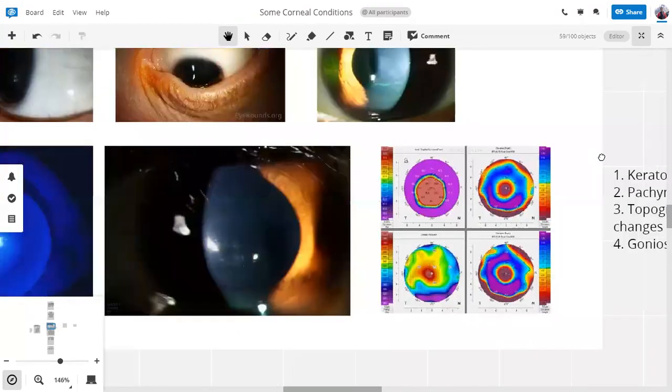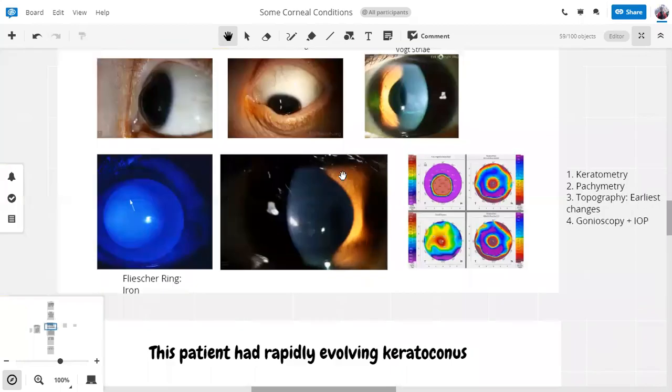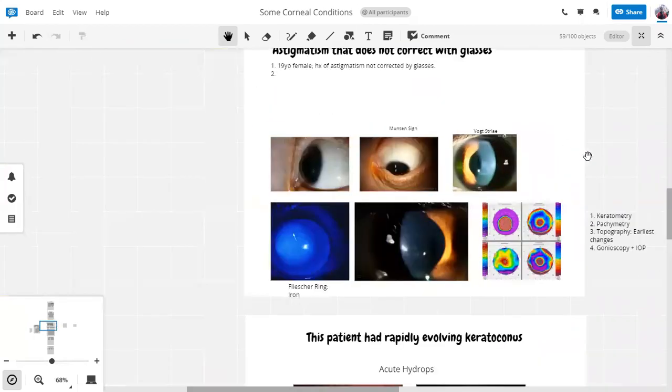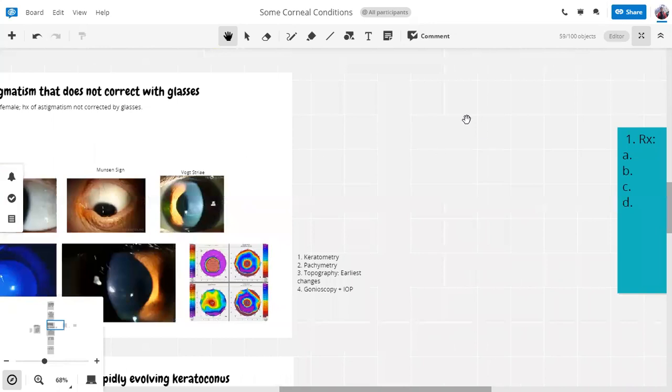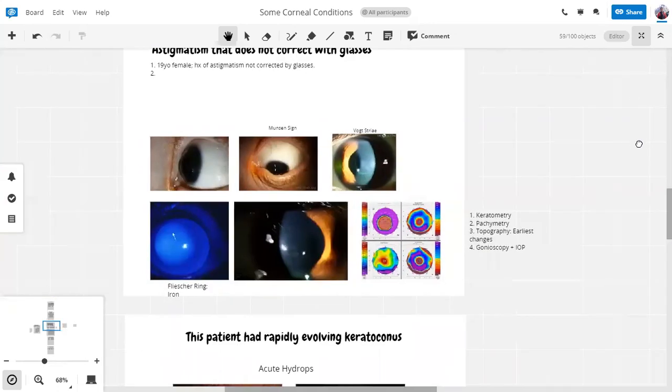How will you treat this patient? What is the Rx? Somehow we have to reduce the curvature. So somehow reduce the curvature. What will happen because of that?